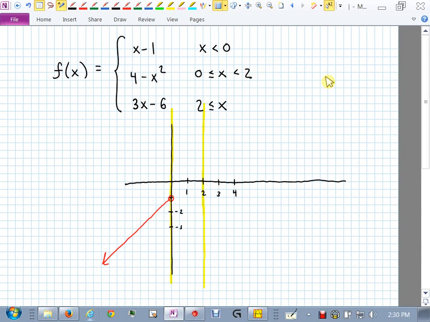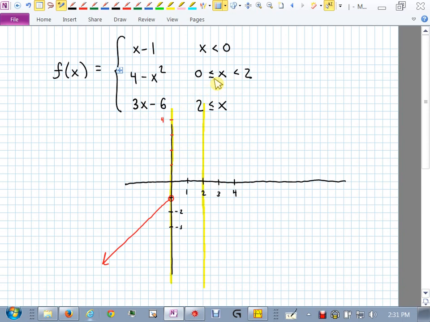Second piece, I need to be a parabola, right? Which opens which way? Down between 0 and 2. So what would be happening at 0 here? Where would I be? I'd be at 4, wouldn't I? So let's say this is 1, 2, 3, say 4. There's 4 up there. And I would be a solid dot, or would I be an open circle there?